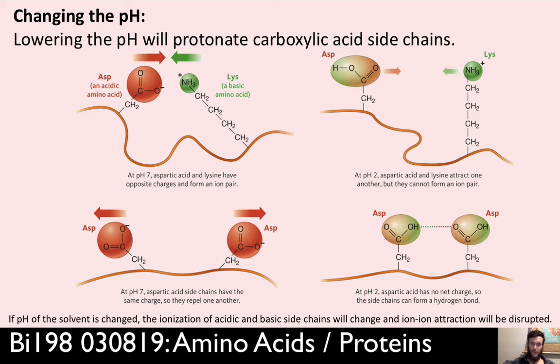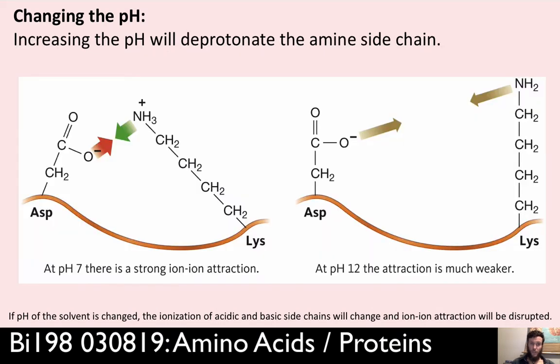Okay, so that's essentially what's happening when you're changing the pH. It can go in the other direction as well. So imagine, it doesn't have to be acid. It can also be adding a base, alkalizing the protein.